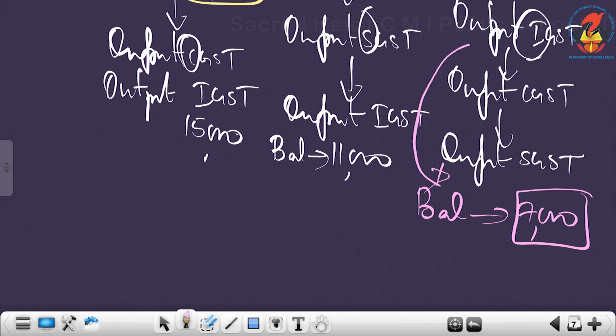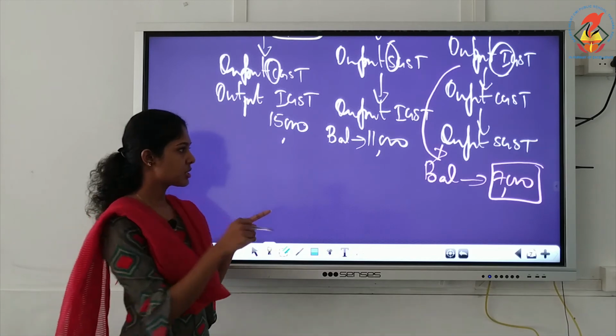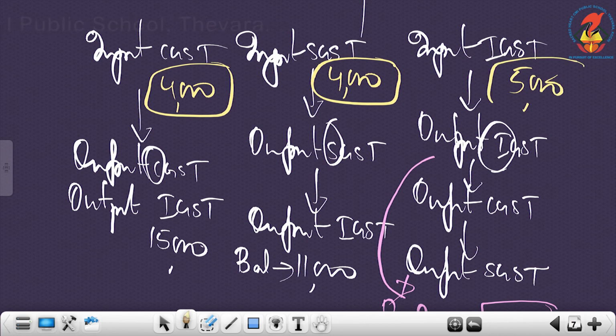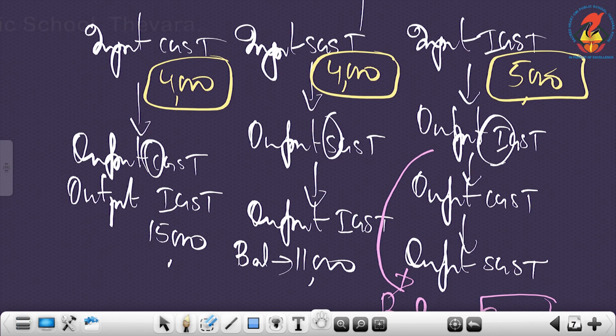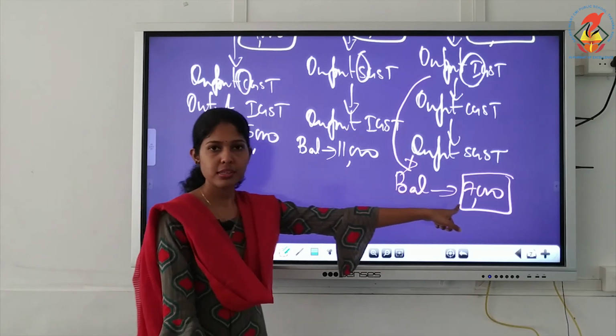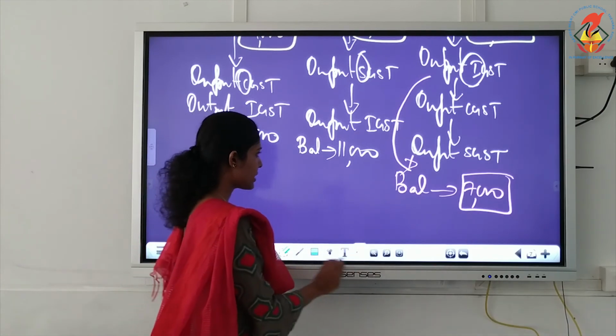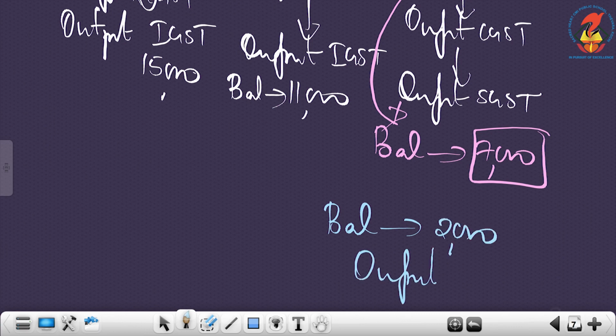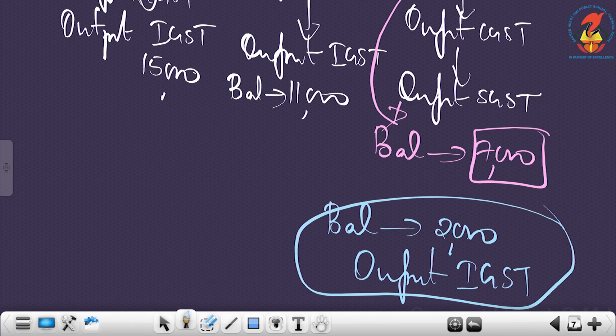It's output IGST. Understood? So in input IGST, now what is the amount in input IGST in the question? It is 5,000. This 5,000 we can meet from this balance 7,000. After that we will be having a balance of 7 minus 5, we will be having a balance of 2,000 in output IGST. This is your final answer.